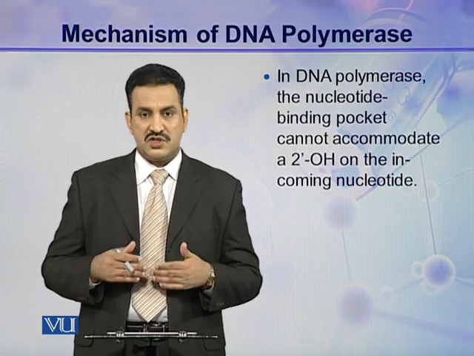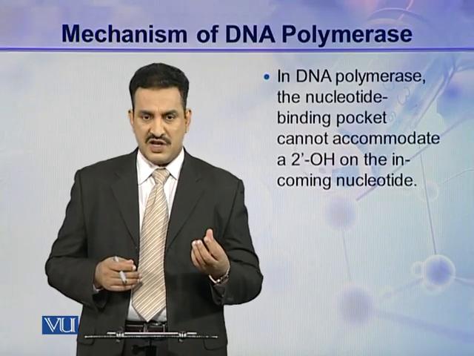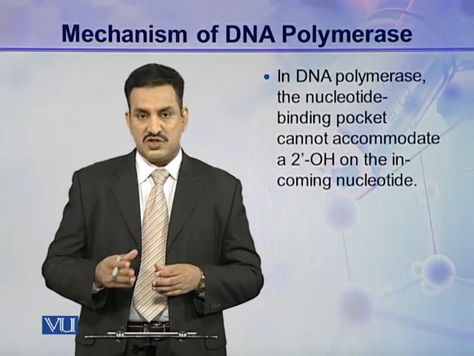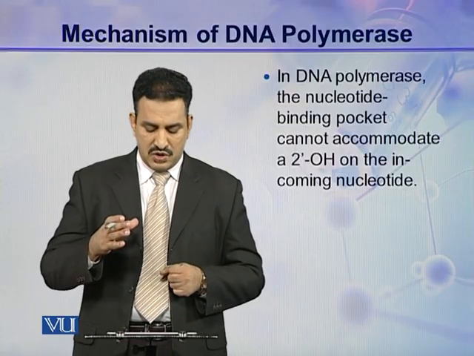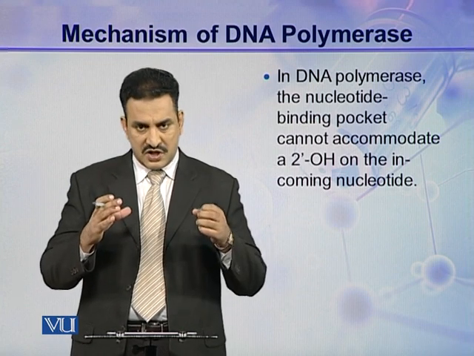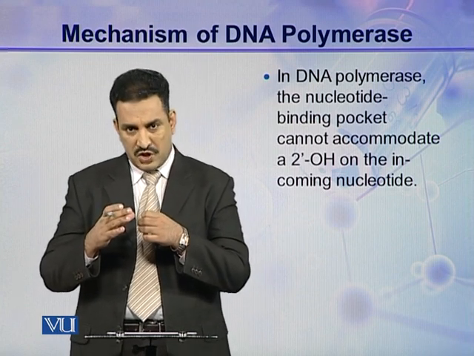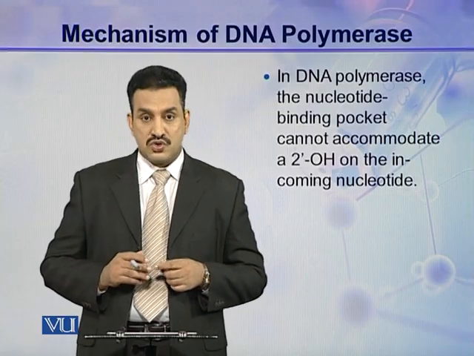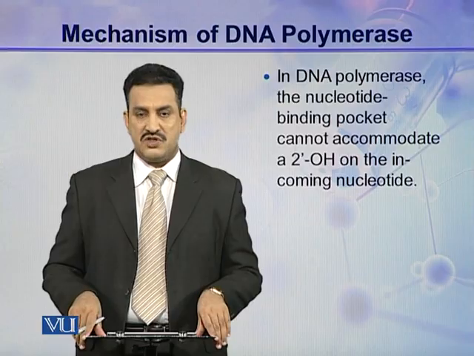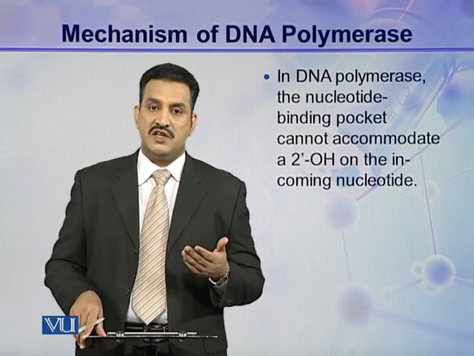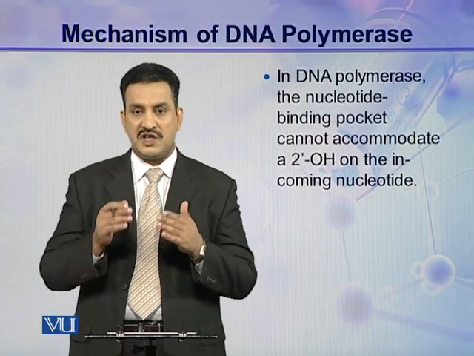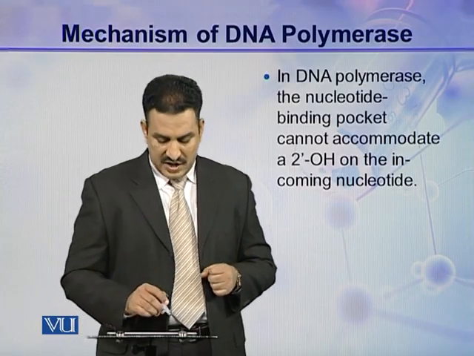See, this distinction between rNTP and dNTP is due to the nucleotide binding pocket of DNA polymerase that cannot accommodate a molecule which contains a 2' hydroxyl group, and the 2' hydroxyl group is present in rNTPs, while in the case of dNTPs at the 2' of deoxyribose there is only hydrogen present.